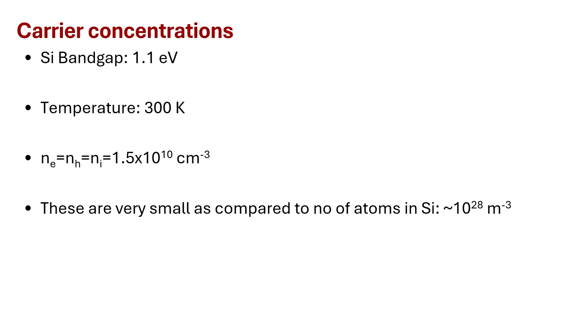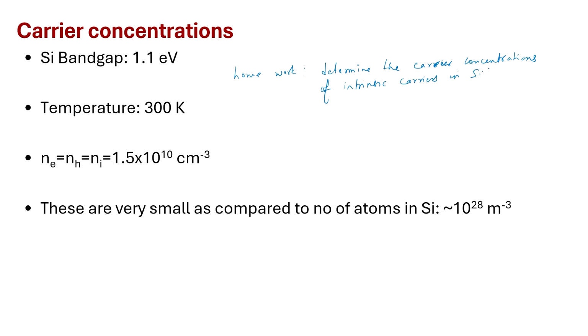For example, you can take this as a home exercise. Let us say silicon band gap is 1.1 electron volt, temperature you consider as 300 Kelvin. Then as a homework, determine the intrinsic carrier concentration in silicon.